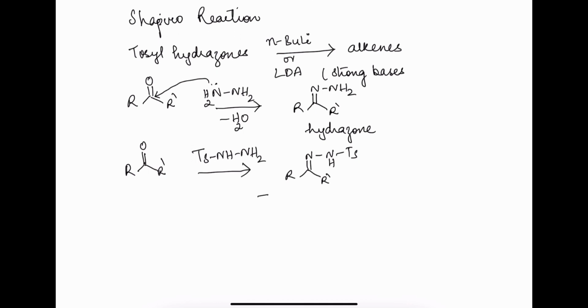The tosyl is abbreviated as Ts, and this is a leaving group.